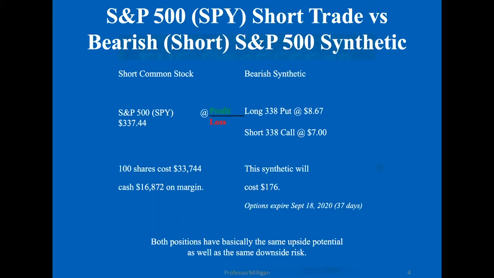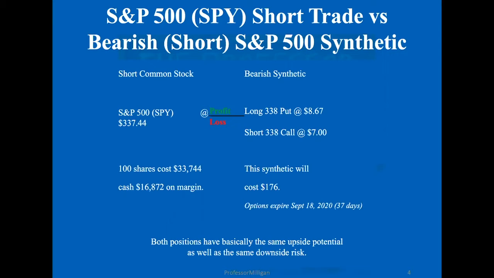Again, strike price is right where the ETF is currently trading. So we'll make money on our long put if the security drops in price, and we'll lose money on our short call if the security goes up in price. This bearish synthetic is mirroring a short position in the S&P 500 SPY.